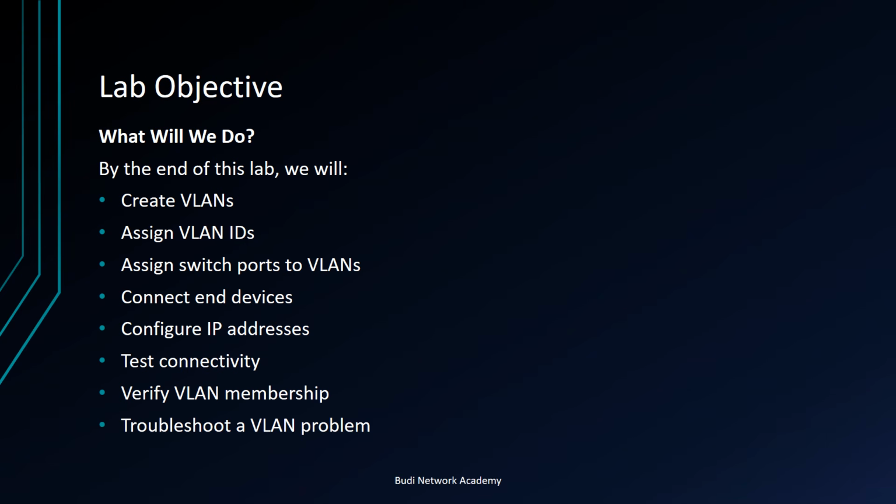We will also verify our VLAN configuration and finally troubleshoot a simple VLAN problem. The idea is to follow a very important network engineering process: configure, verify, test, and troubleshoot.